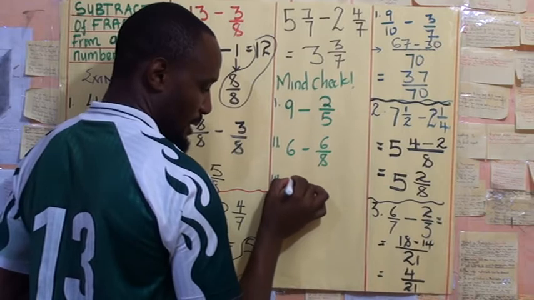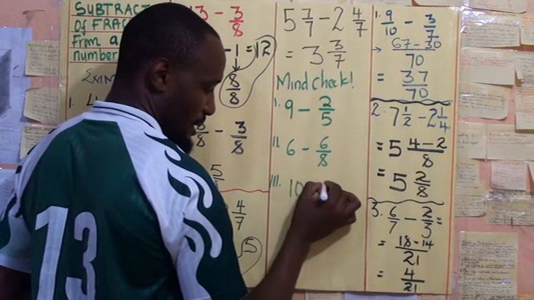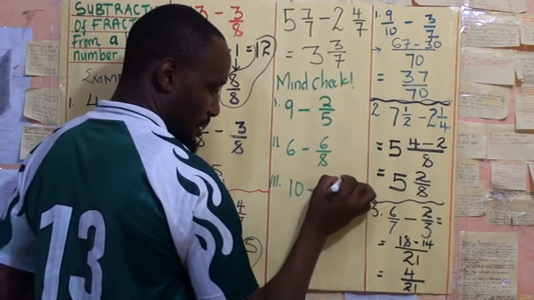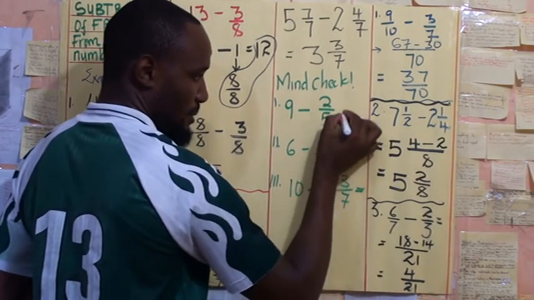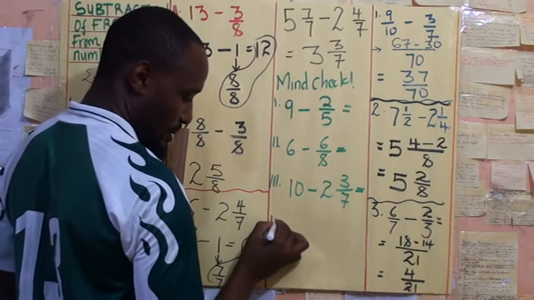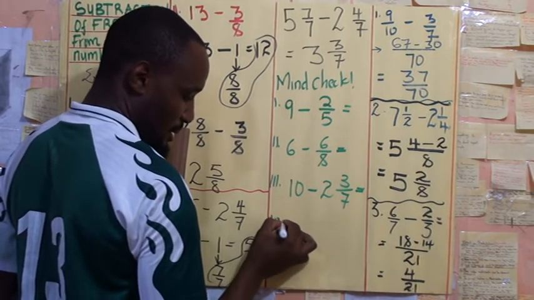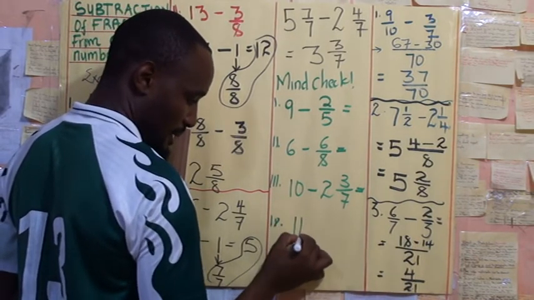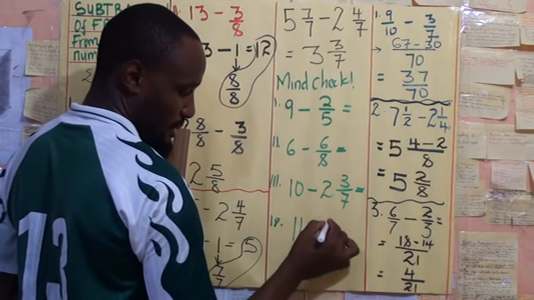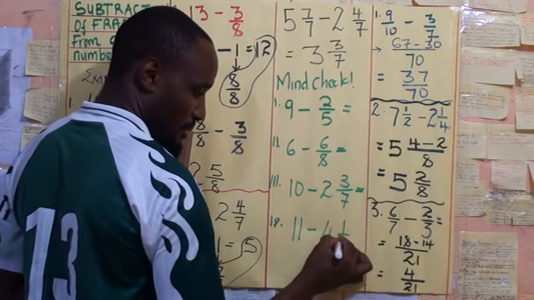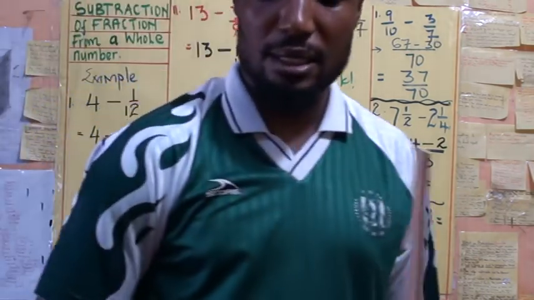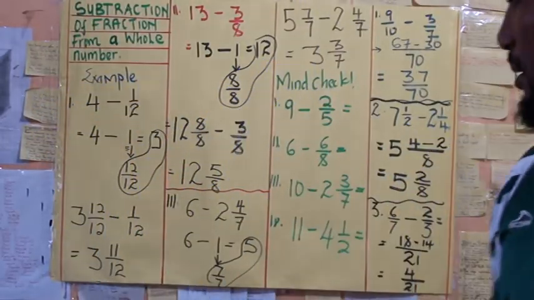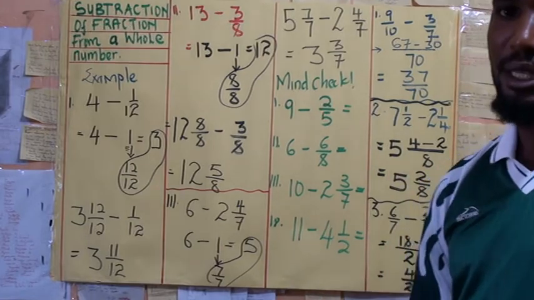Number 3: 10 minus 2, 3 over 7. And number 4 is 11 minus 4, 1 over 2. Okay, you try those 4 questions. Tomorrow we'll discuss them.